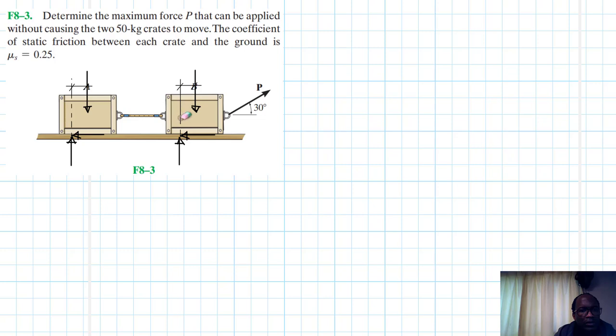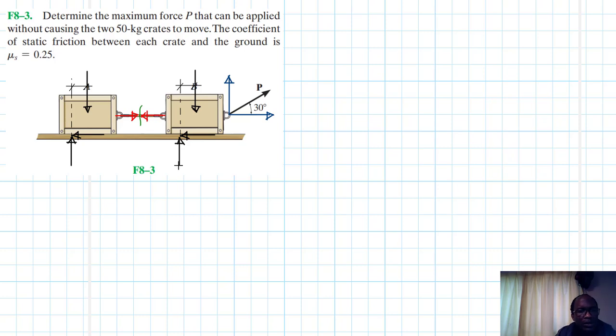And then we section this. So we have a tension force, of course, in that cable. And then we have components of this force like so, and also like so.